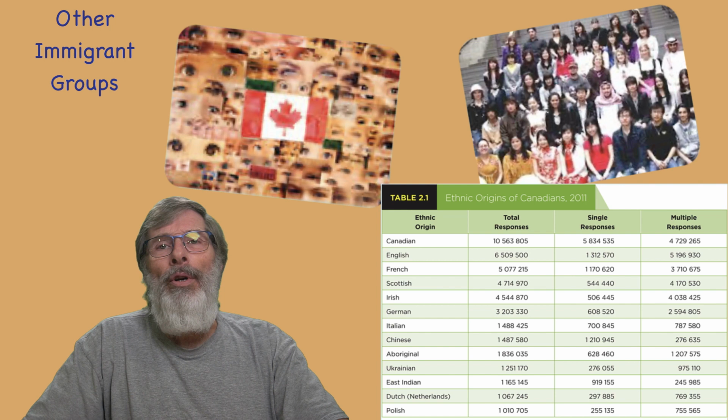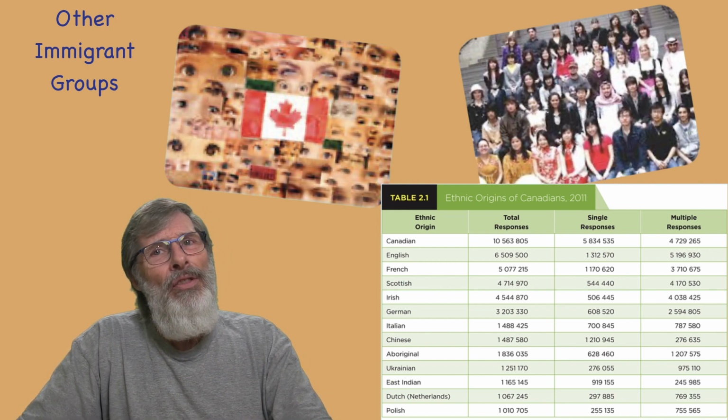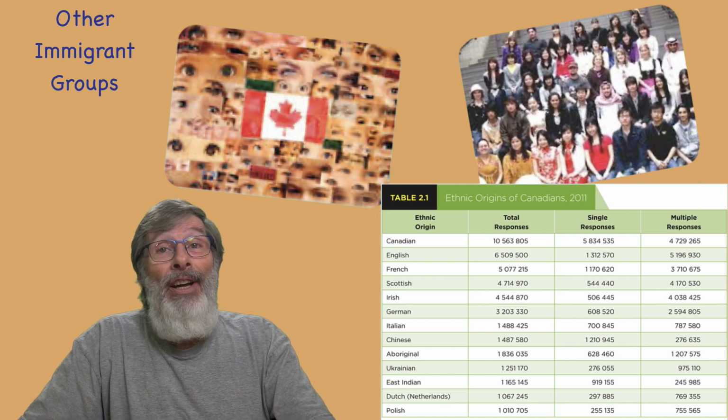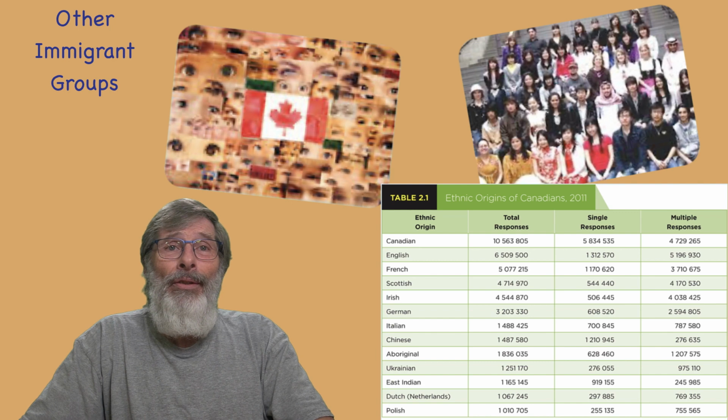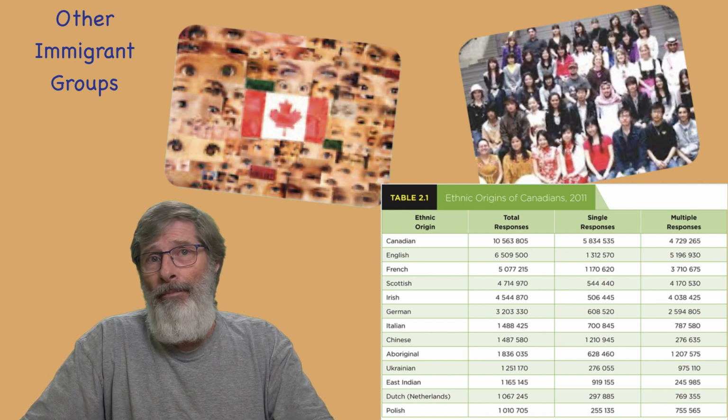The vast majority of visible minorities will live in cities, making up about 63% of Toronto, 59% of Vancouver, and 31% of Montreal populations by 2031.